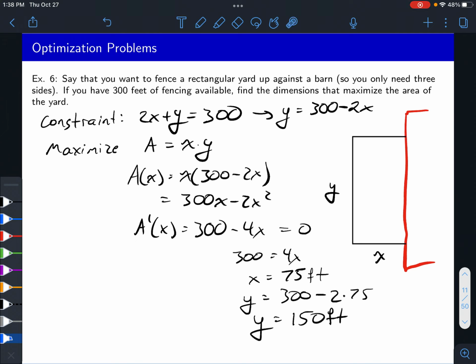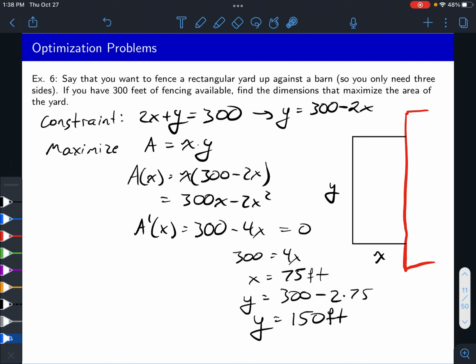So y would be equal to 150 feet. This would be 150, and x would be 75. So you have 75 feet here, 75 feet here, and then 150 here. That adds up to 300, so that checks out. And then the area would just be 150 times 75. We're not asked to find the area in this one, we're just asked to find the dimensions. So that would hopefully be our answer.